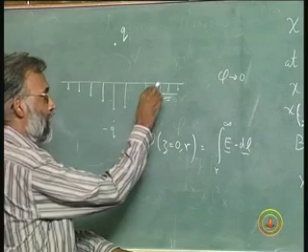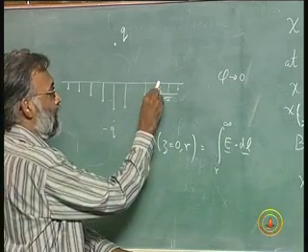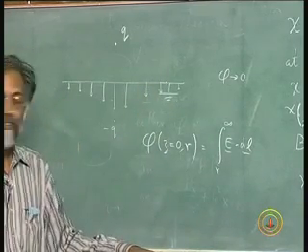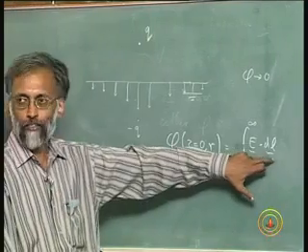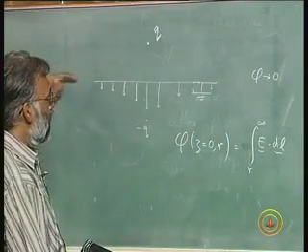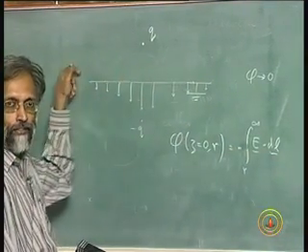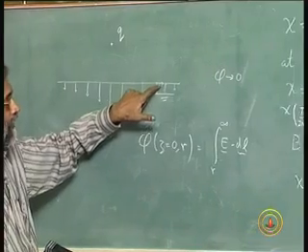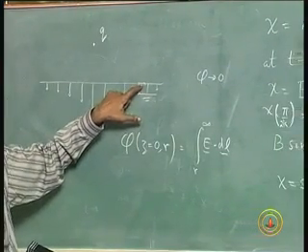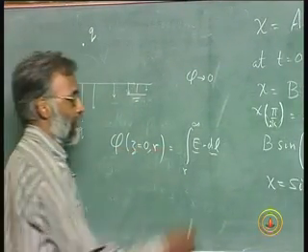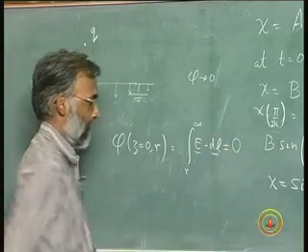But E is in this direction and dl is in this direction. Therefore, E dot dl is identically 0. So, if I move along this ground plate, the electric field is always perpendicular to the way I move. So, this is identically 0.